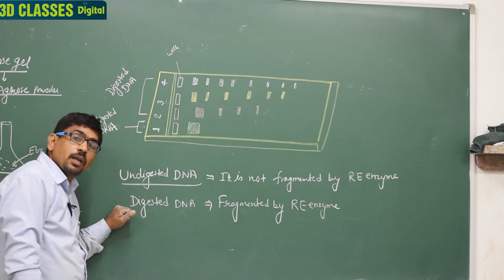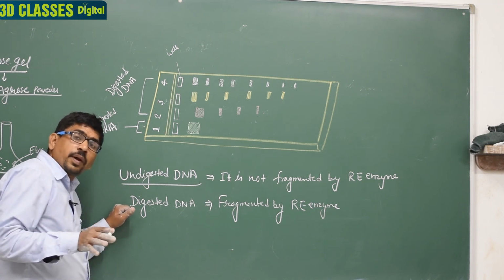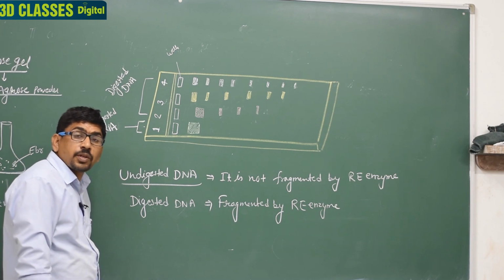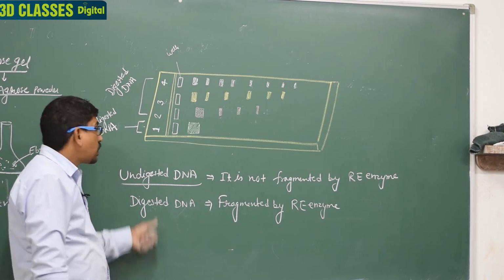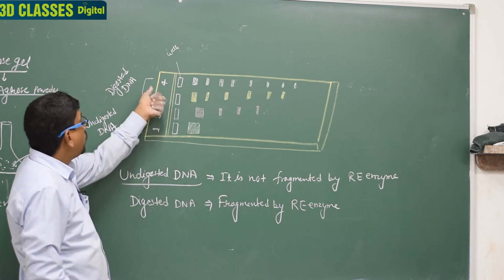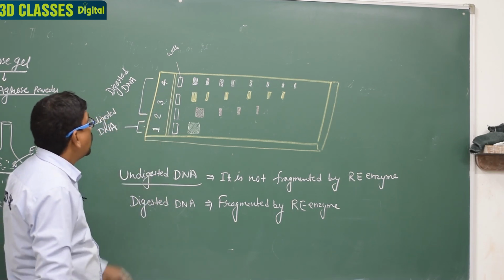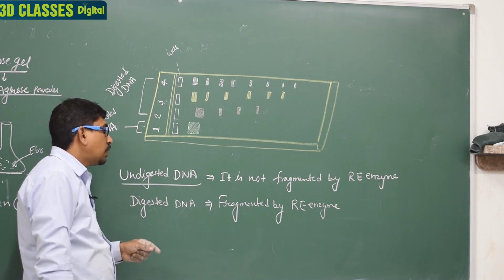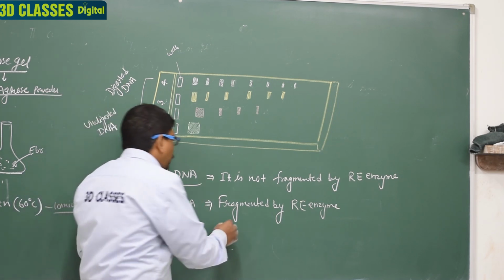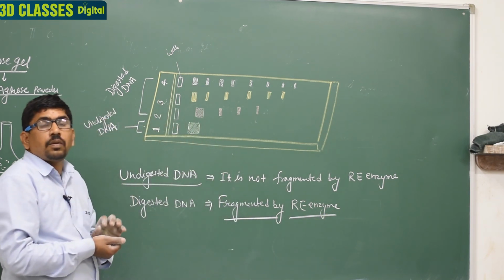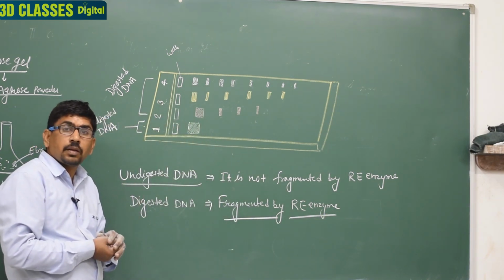Undigested DNA means no RE enzyme was applied, so the DNA is very long. There is no separation, no fragmentation. But 2, 3, 4 represent the condition of the digested DNA. It means they contain the fragments, and these are digested or fragmented DNA.